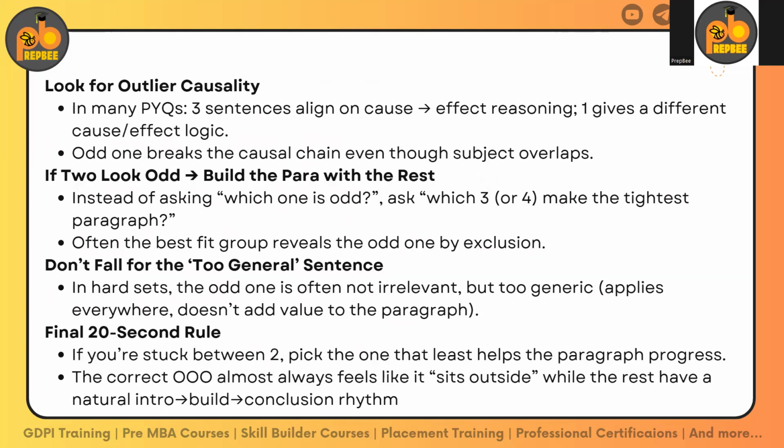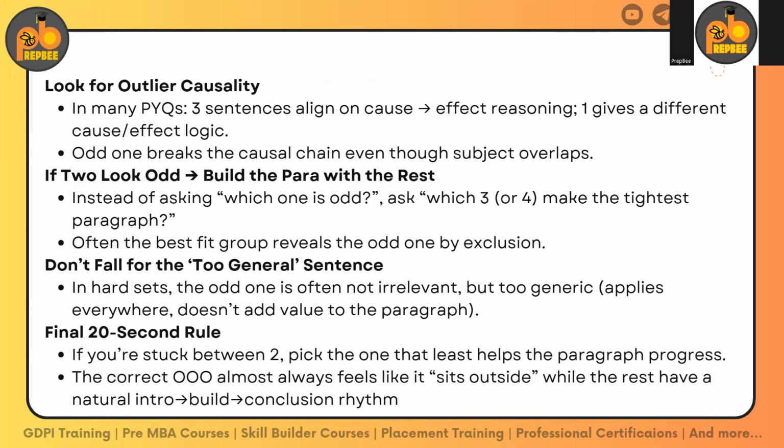Now, final tips to solve this. Look for outlier causality; in many PYQs, three sentences align on cause and effect reasoning, and one gives a different cause-effect logic or breaks the chain, even though the subject overlaps. If two sentences look odd, build the para with the rest.